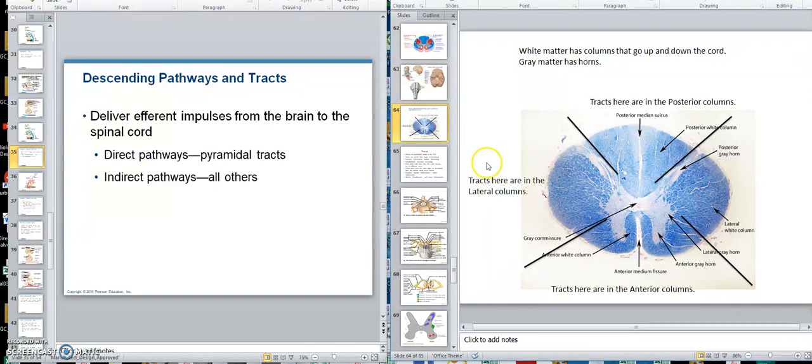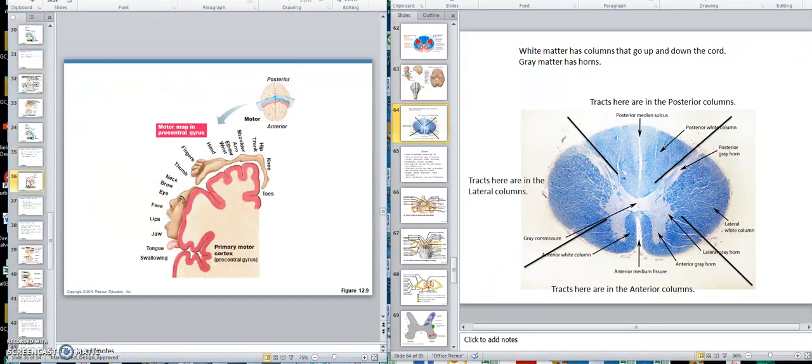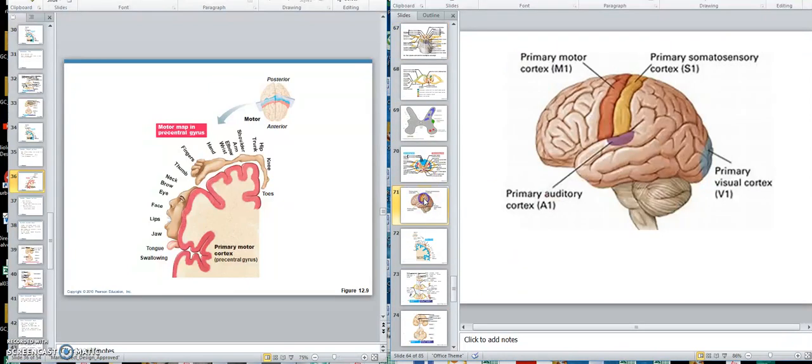All right. So the pyramidal tracts, let's say now, let's say I want to move my knee. Okay, so I'm coming back now. Before, I talked about this right here, which was my primary somatosensory cortex. Let's just review.